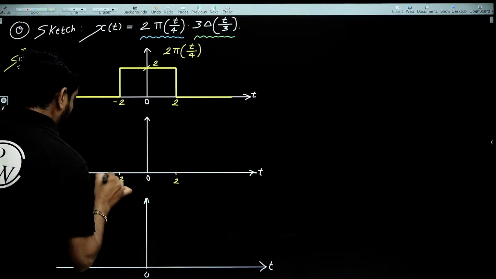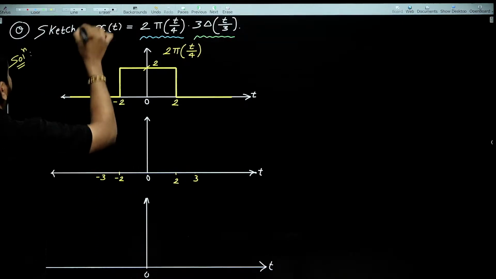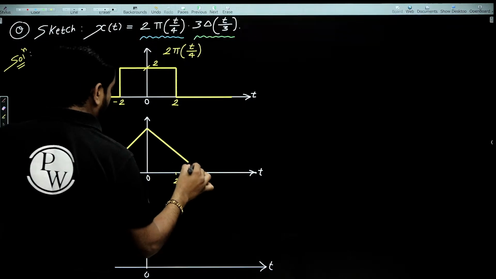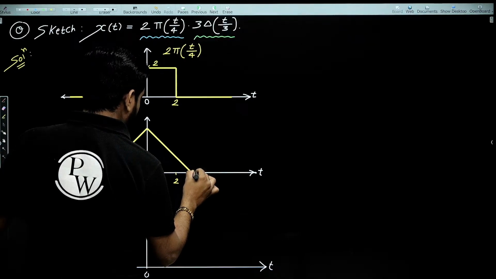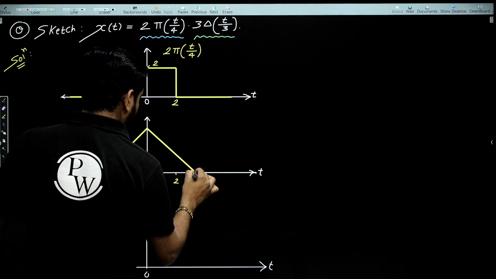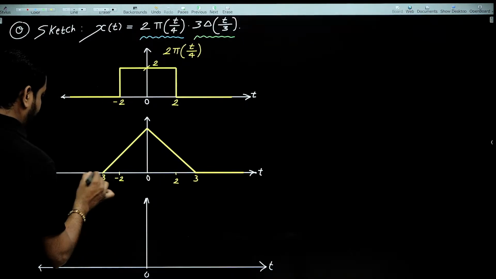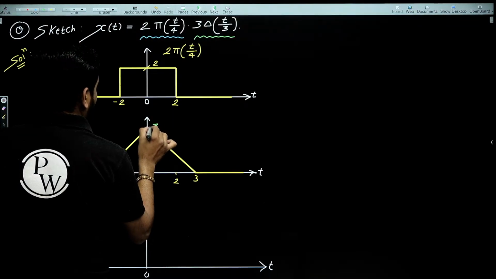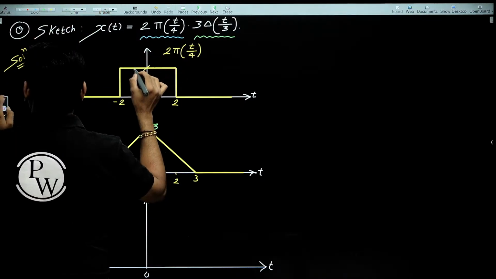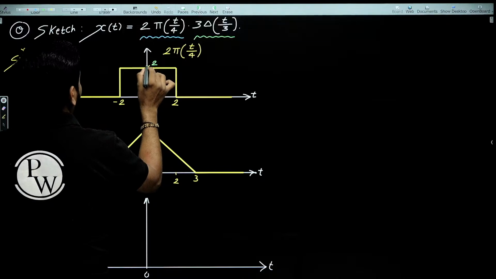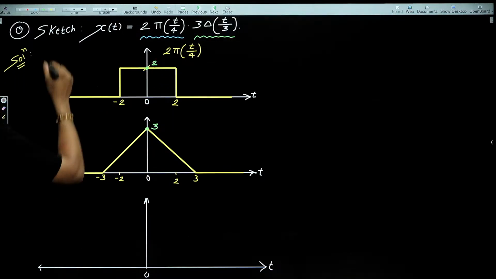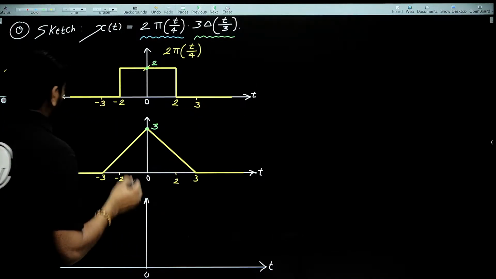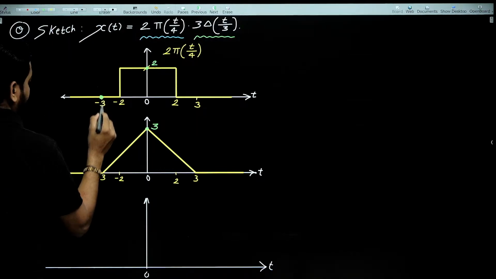So this is -3 to +3, with peak amplitude 3, guys. Here I am writing -3, +3.